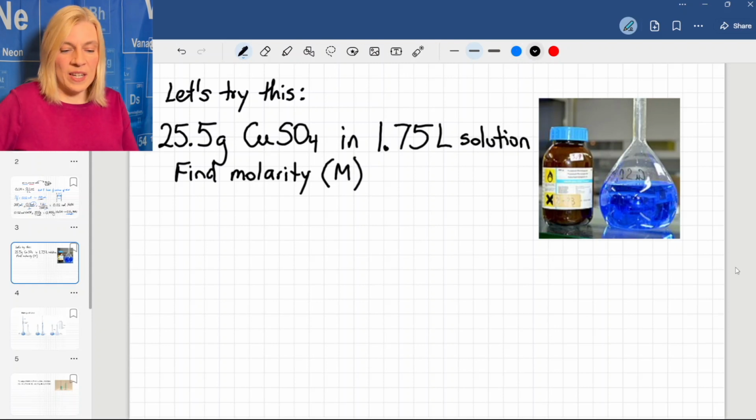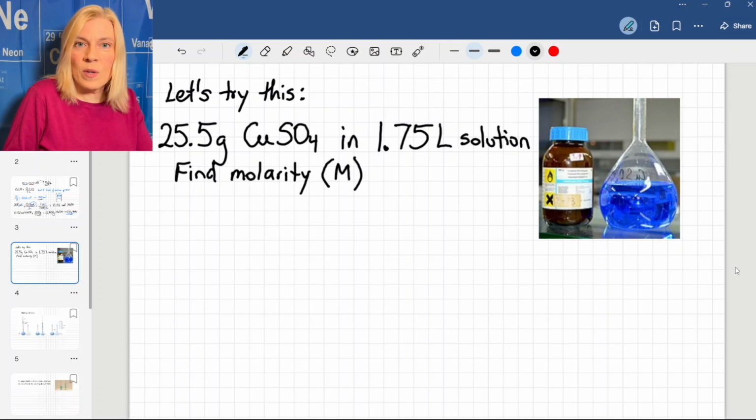A copper sulfate solution. Copper sulfate makes this beautiful dark blue color, or if it's concentrated, it's dark blue. Let's say we're going to put in 25.5 grams of copper sulfate in a 1.5 liter solution, and let's find the molarity of it. Well, again, molarity is moles per liter. I need to know my moles.